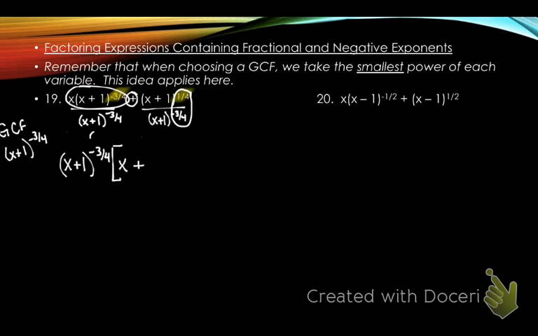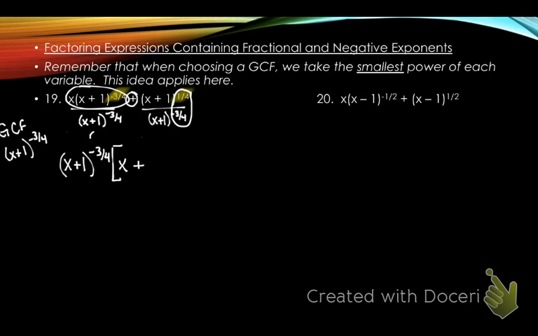It's dividing, right? So what am I going to do with my exponents? If I would have had x to the first over x to the third, what would I have done? I would have subtracted them, right? Okay. So you're still going to do the same thing.